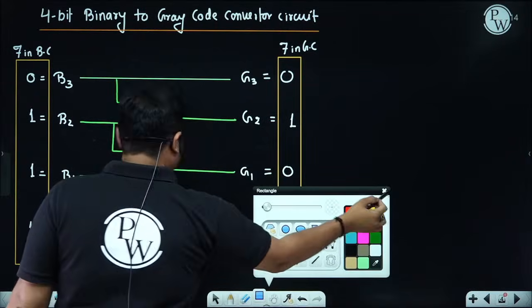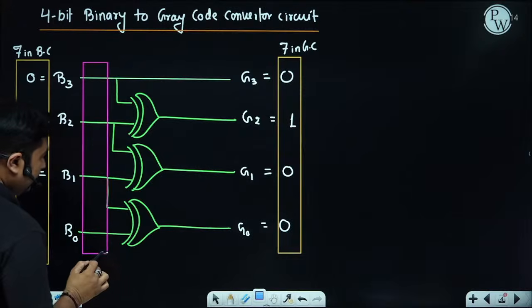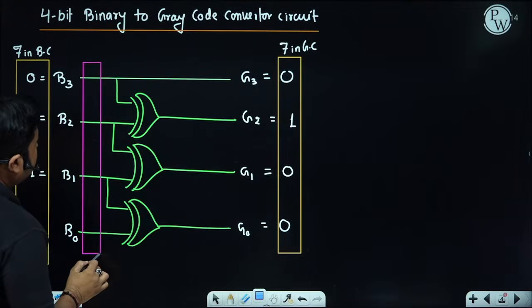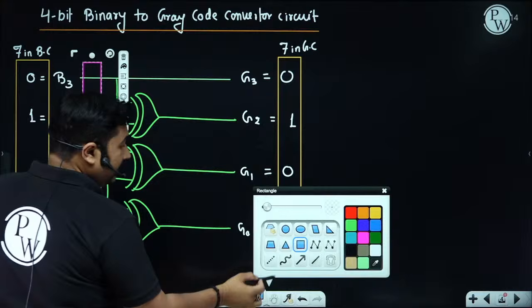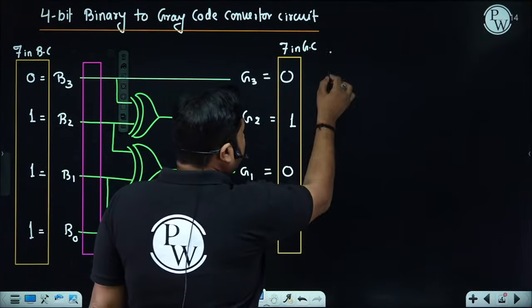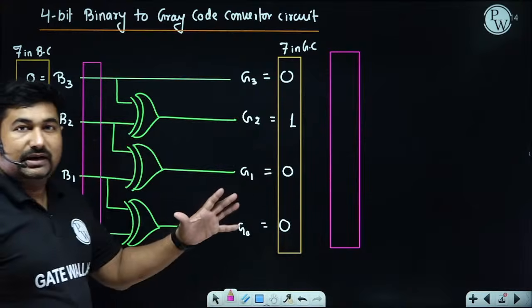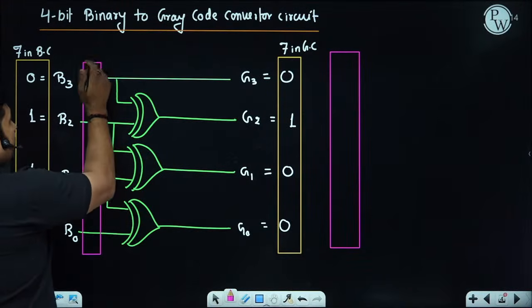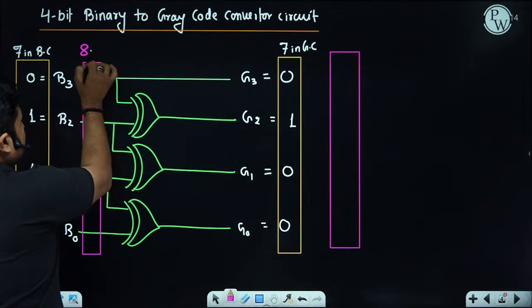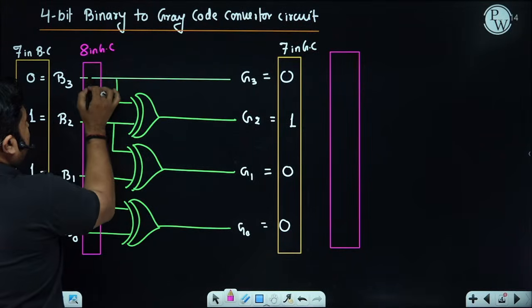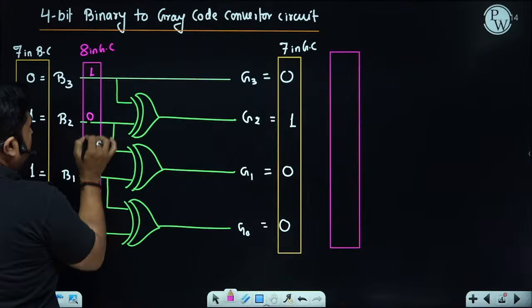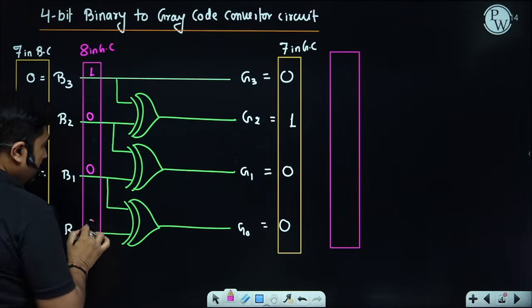Please observe once again for 8 in binary code and 8 in Gray code. For a moment, please observe this pink line. Okay. Yes, sir. Only focus on the pink part. Now, if we have 8 in binary code, then it will be 1, 0, 0, 0.